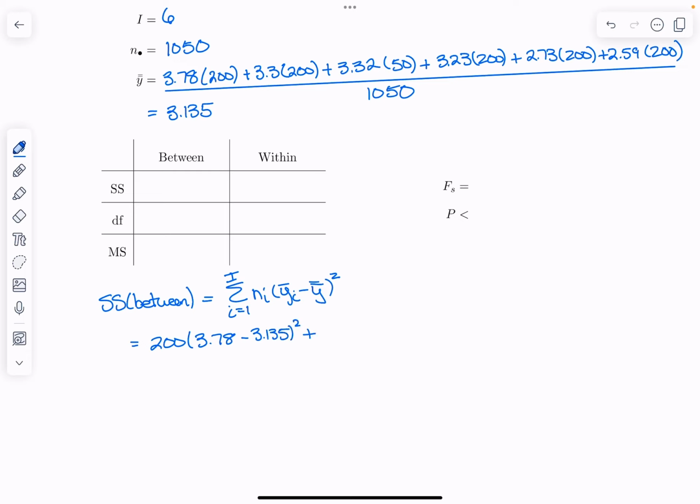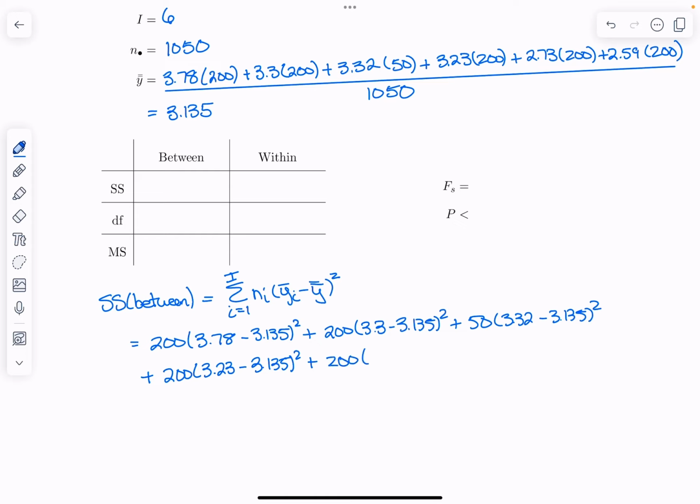And then I'm going to have 200 times 3.3 compared with 3.135 squared, and then 50 times the 3.32 minus 3.135 squared. Then I've got 200 individuals where I take the mean of 3.23 and subtract 3.135 squared. I think those were the light smokers.